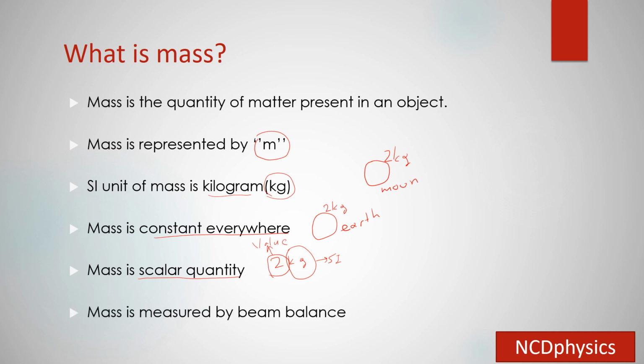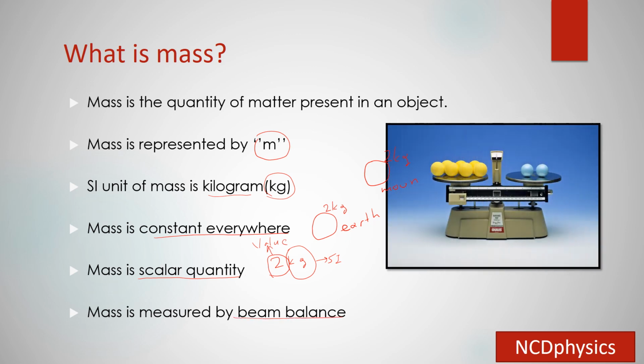So mass is measured by a beam balance. So you see, this is the beam balance. Mass is measured by the beam balance. This is a very common balance we see. In our daily life also we use it.